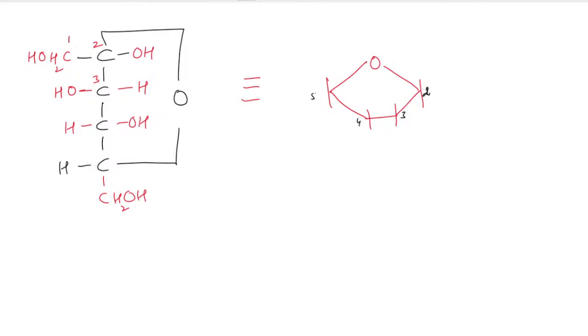So, the group on the left side is above the plane, CH2OH, OH, and then third OH, H, fourth carbon H, OH, and on fifth carbon it is CH2OH and H, because the last carbon is always at the top.